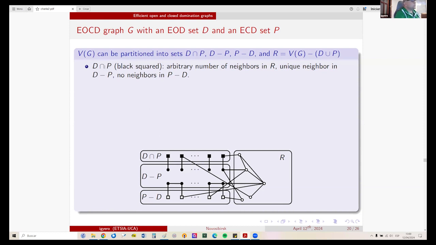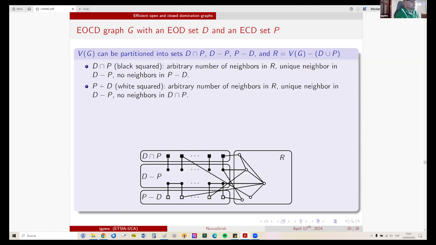If we have the intersection of D and P, the black square vertices here in this part, they have an arbitrary number of neighbors in R, but a unique neighbor in D minus P, and no neighbors in P minus D. The vertices in P minus D, the white squares below, have an arbitrary number of neighbors in the set R, but a unique neighbor in D minus P, and no neighbors in the intersection.